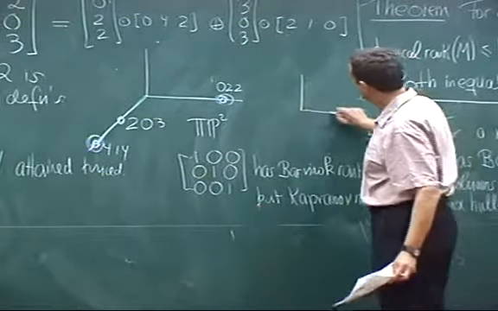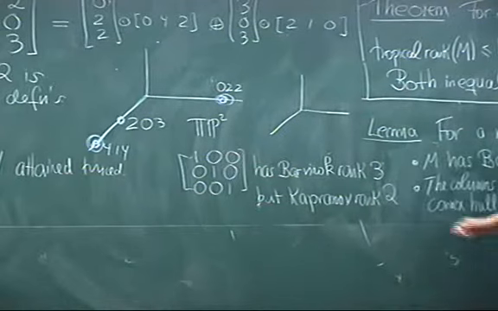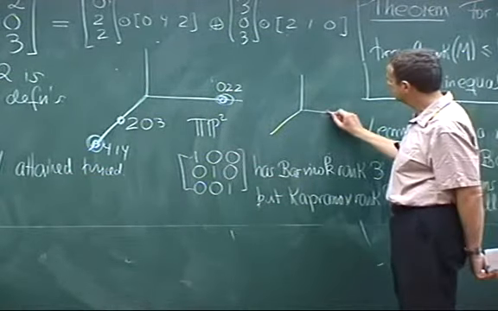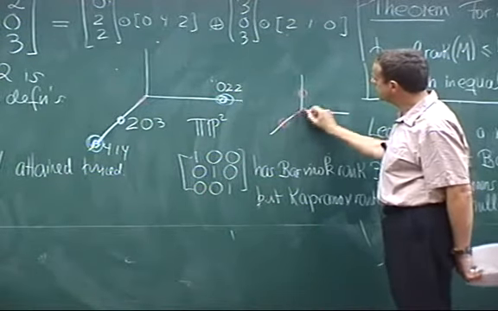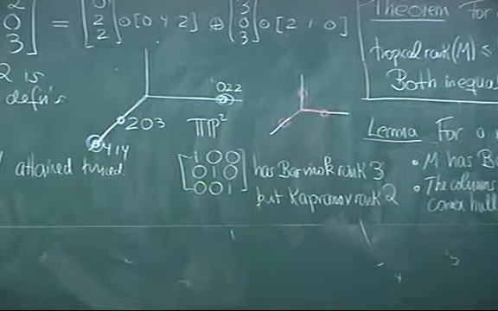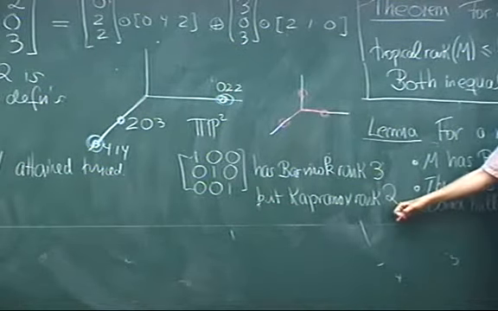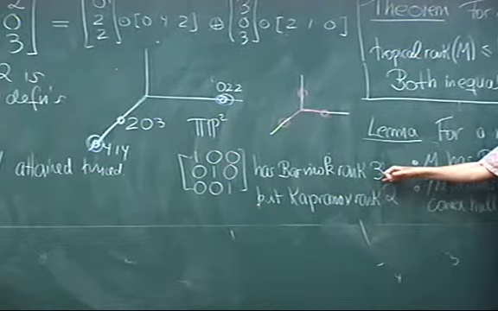Well, if you draw the corresponding configuration, then the points look like this. So these 3 points, they're collinear. They're collinear, and therefore the matrix has Kapranov rank 2, but it has Barvinok rank 3 because no 2 of them contain the third in the convex hull.